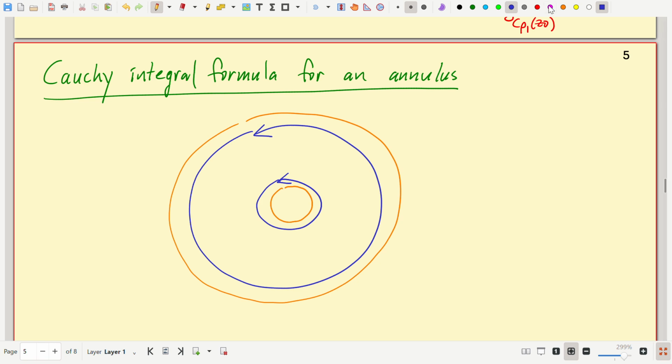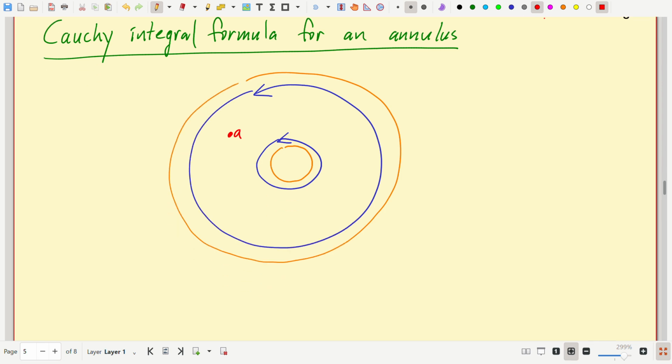And now I'm going to pick a point A here. A has to be in the annulus between the blue curves. And then we have the same hypothesis as before about being analytic on a bigger set.